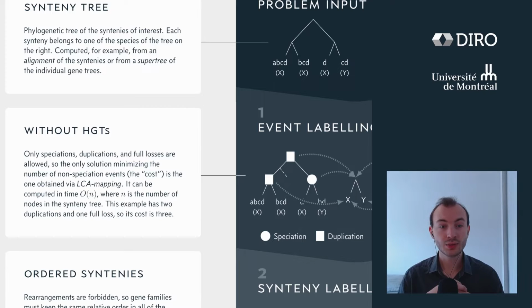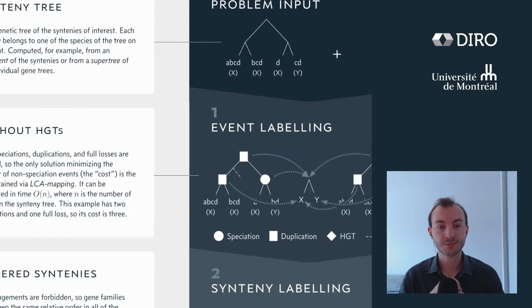So here on the left of the figure is the LCA mapping of the input. We get a solution with a cost of 3, with 2 duplications and 1 full loss.